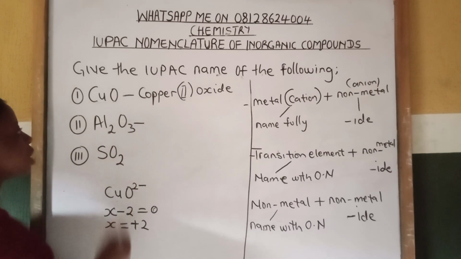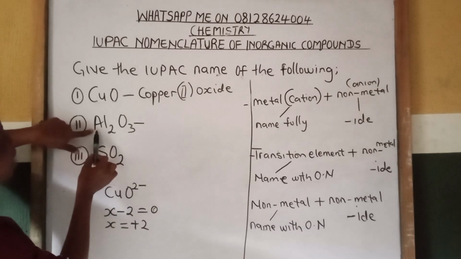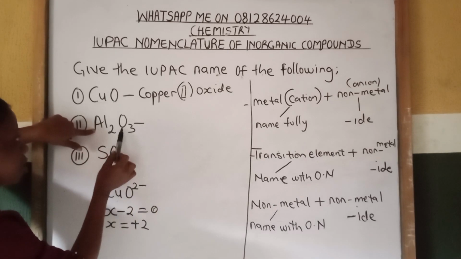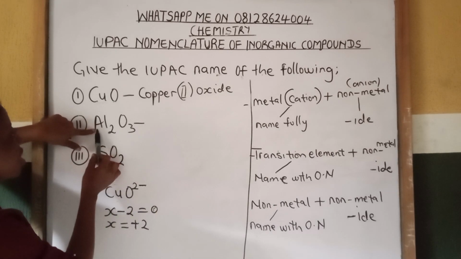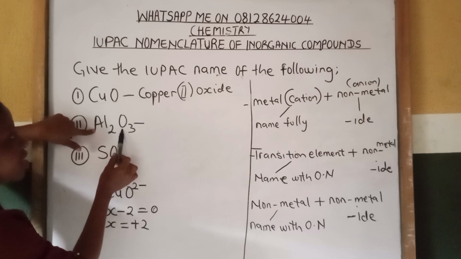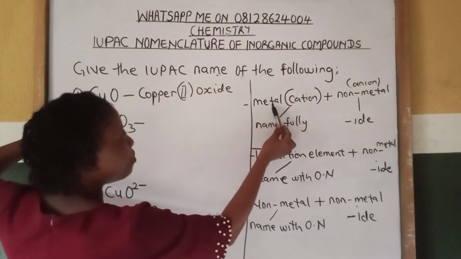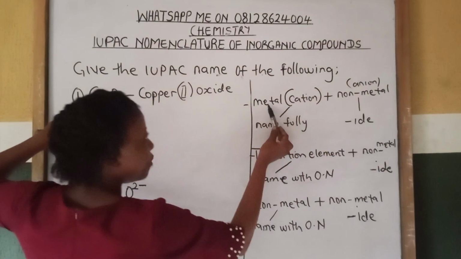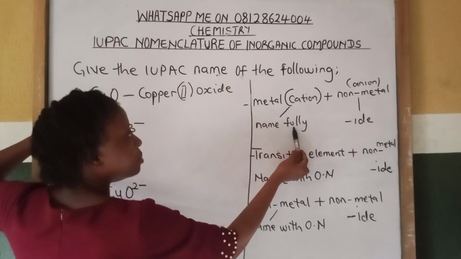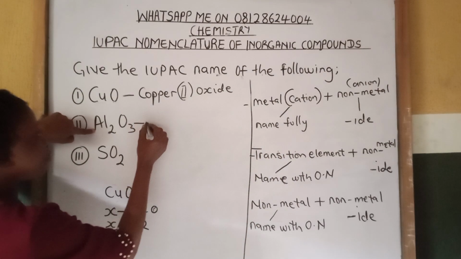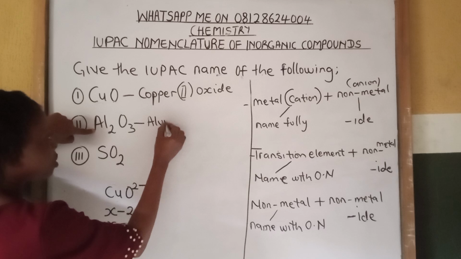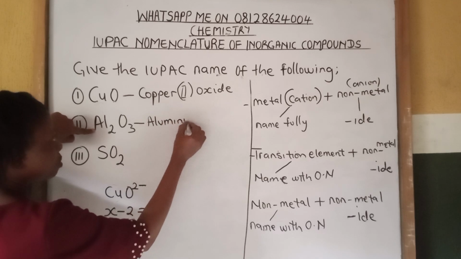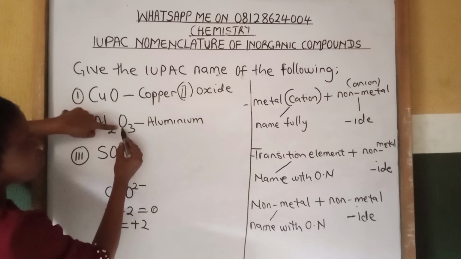So let's move to number 2. Number 2 consists of aluminium and oxygen. Aluminium is a metal. Oxygen is a non-metal. So when you have a metal and a non-metal, the first metallic atom will be named fully. That is aluminium what?